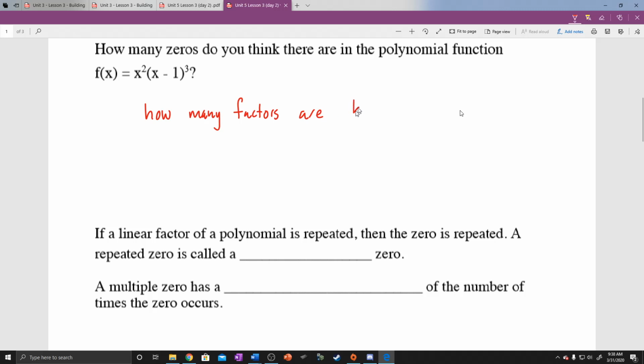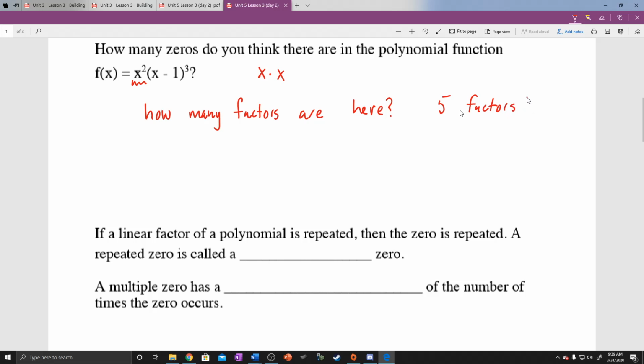Well, it's x times x, right? And this is like x minus 1 multiplied by itself 3 times. So there's like 5 factors here.